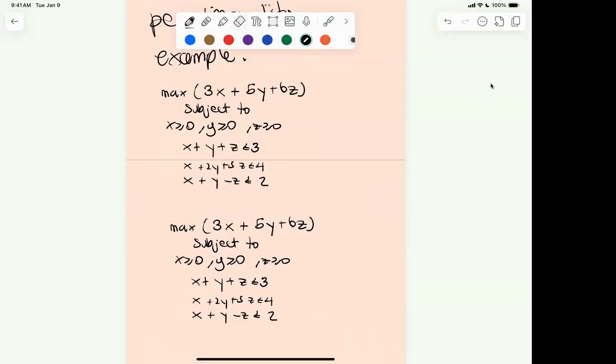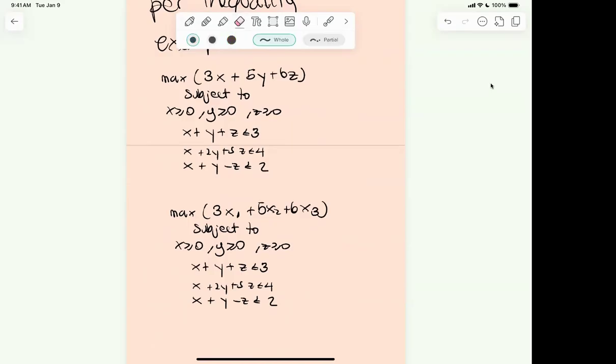So this would become 3x1 plus 5x2 plus 6x3, and x1, x2, x3 are all non-negative. Then let me write the inequalities again.